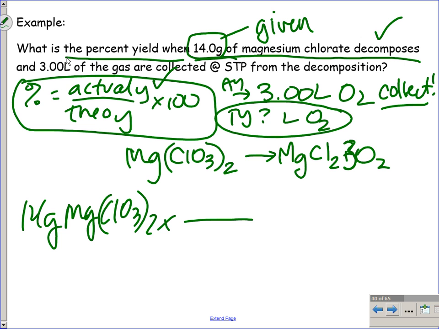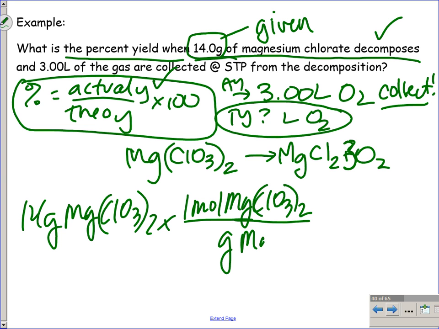Moles, because moles gets me to everything else. So 1 mole of magnesium chlorate goes on top, and the molar mass, which I hope somebody can calculate. 191.21 is what I'm hearing.